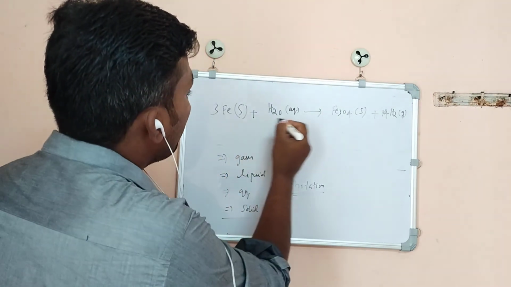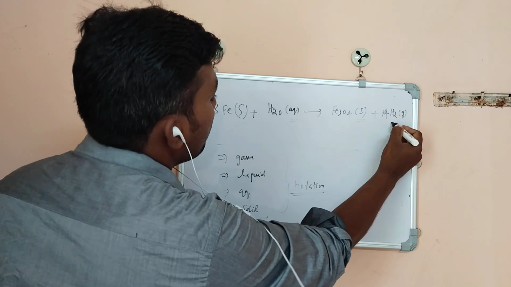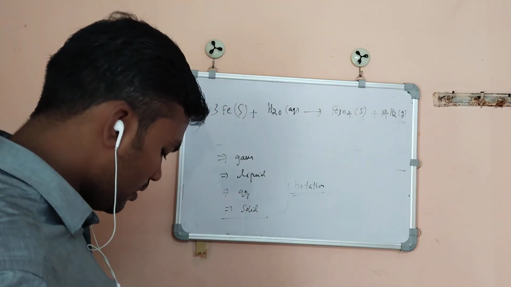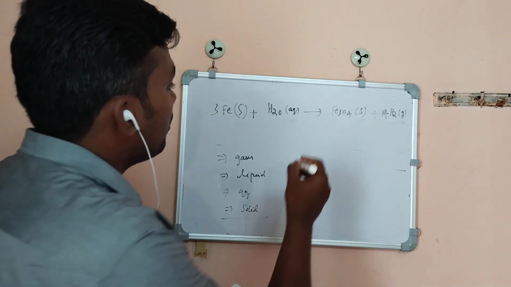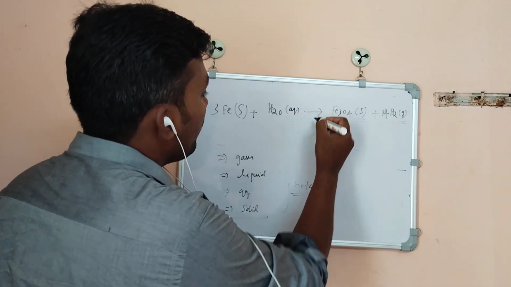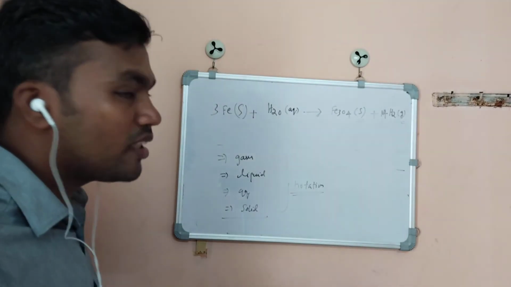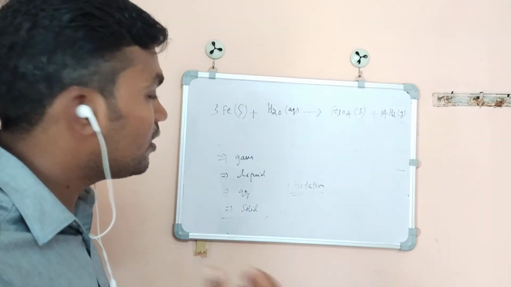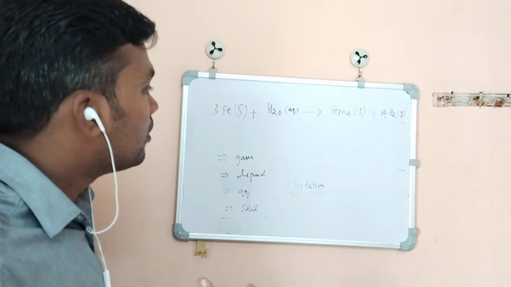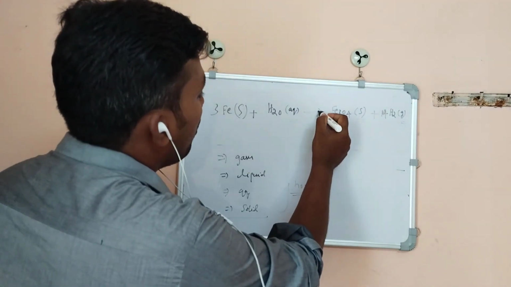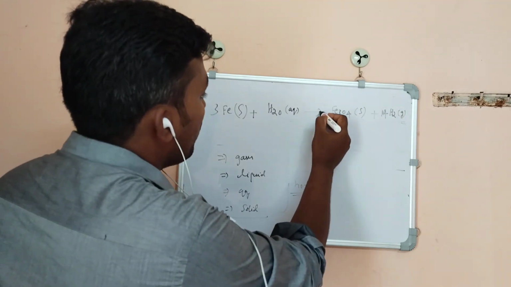This symbol is indicating the physical state of the compounds involved in this reaction. In some cases the reaction can be carried out at a different temperature, pressure, or in the presence of a catalyst. Those reaction conditions must be written below or above the arrow.